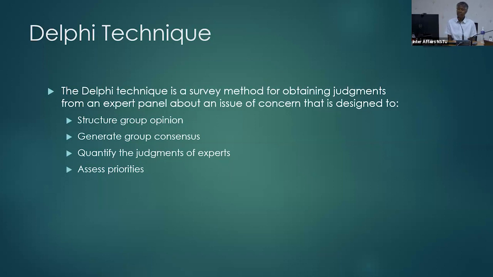So it allows for a structured approach to get a large group of experts' opinions. It helps to generate a group consensus. Then it allows you to quantify the judgment of the experts and to assess their priorities.